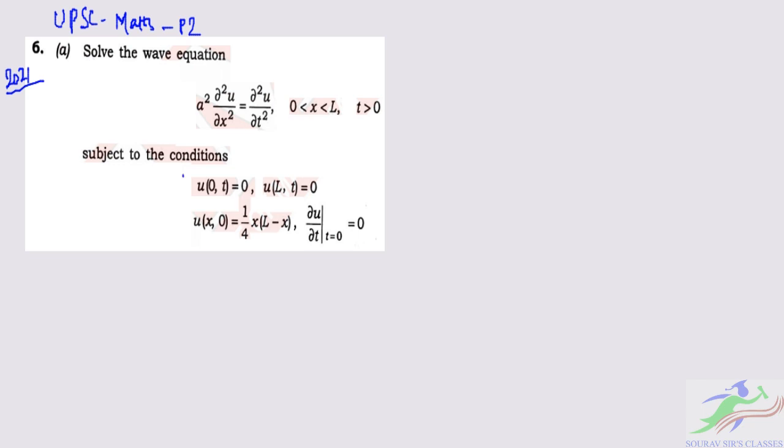The conditions are given: u of 0 comma t is equal to 0 and u of L comma t is equal to 0. u of x comma 0 is 1 by 4 x of L minus x, where L is the range, the maximum, and del u by del t at t equal to 0 is also 0.